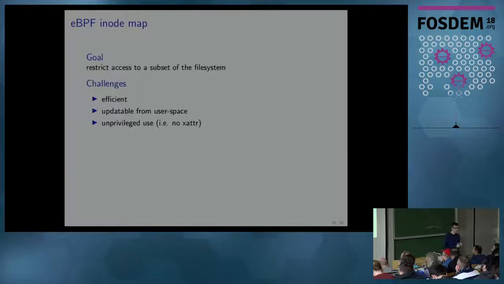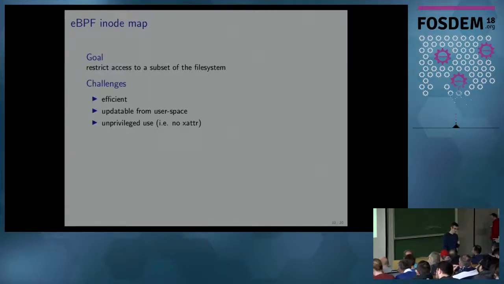But there are some challenges here. First, obviously, we want this to be efficient because there are a lot of access requests performed at the same time, requested by a lot of processes. We want this whitelist to be updatable by user space at runtime to be able to add more files, more restrictions, or to remove them if you want to.